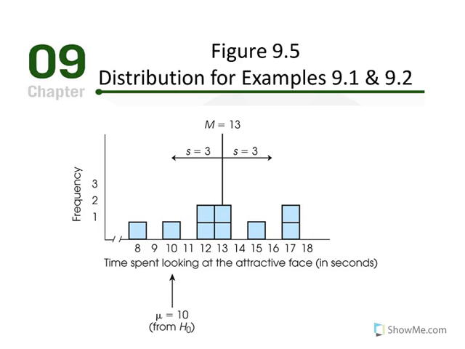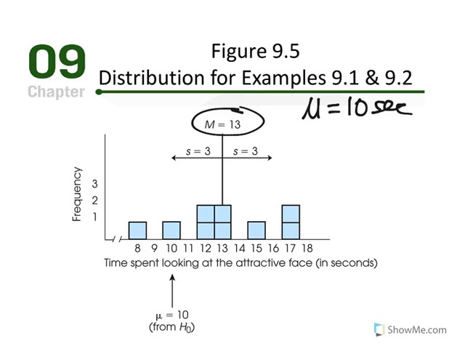We were given the average amount of time they spent looking at the attractive face, which was 13 seconds. Remember that the average amount of time expected if the null were true was 10 seconds, because they spent a total of 20 seconds staring at these faces.